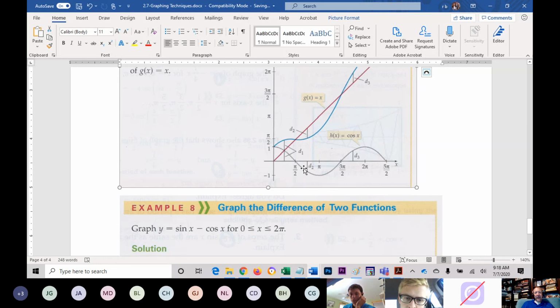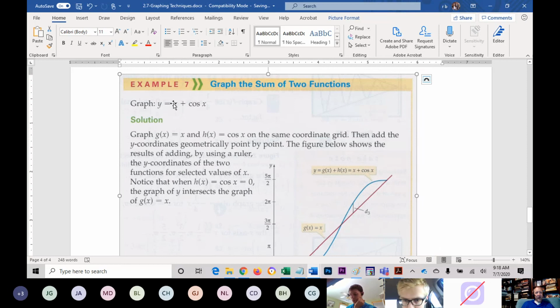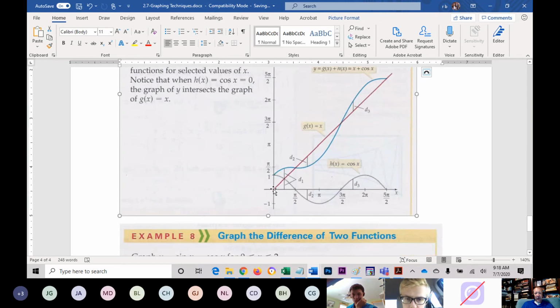The easiest thing to do is to say, when x is 0, then 0 plus the cosine of 0, and we should know that the cosine of 0 is 1. So 0 plus 1 is going to be 1. So I'm going to put a little dot right there.